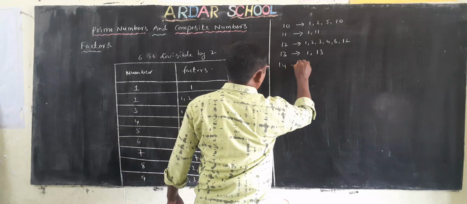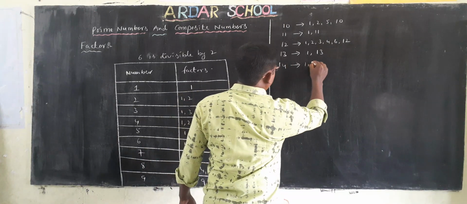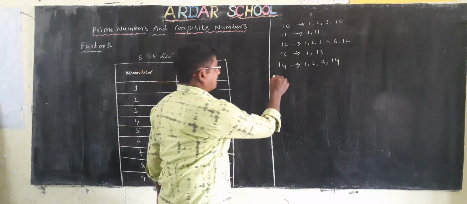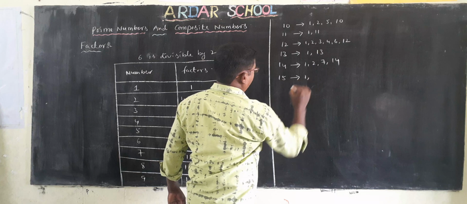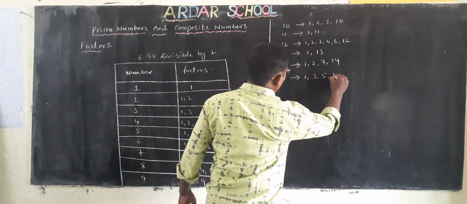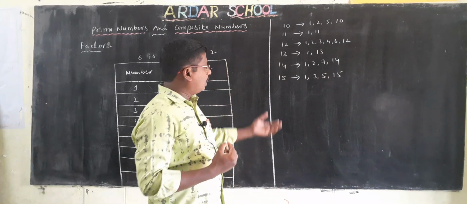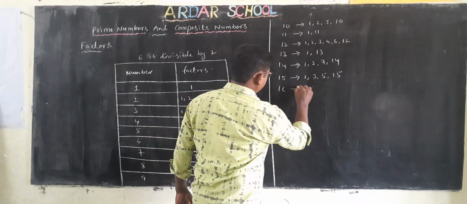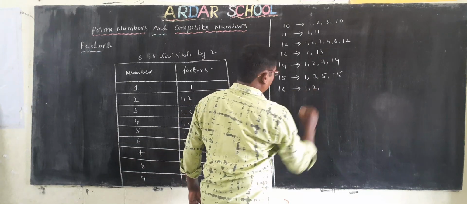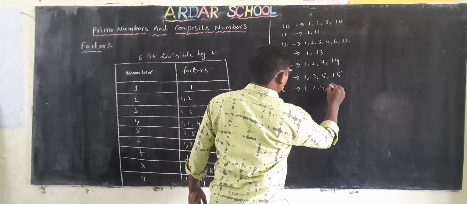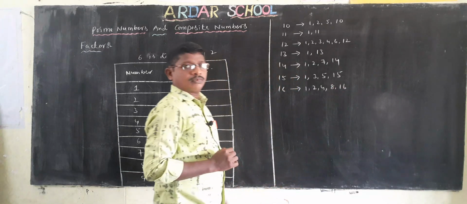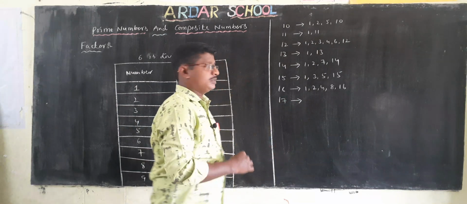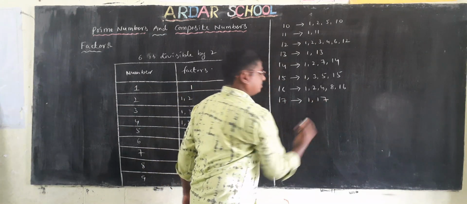14: 1, 2, 7 and 14. Next 15: 1, 3, 5 and 15. Next 16: 1, 2, 4, 8 and 16. Next 17: 1 and 17 only.